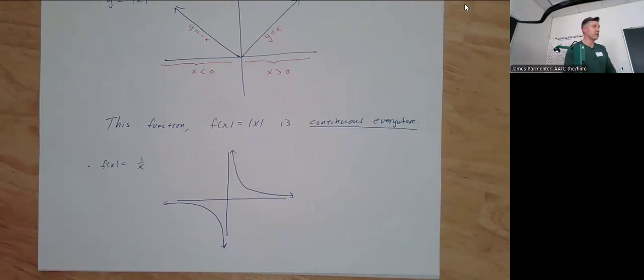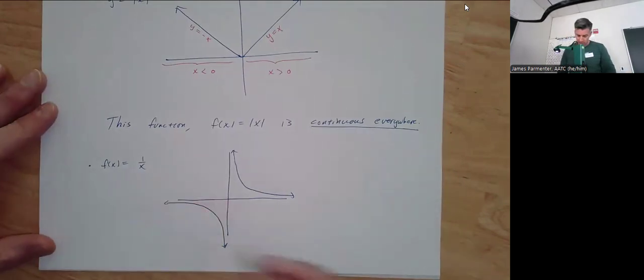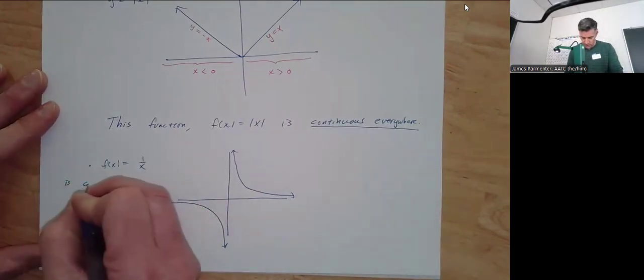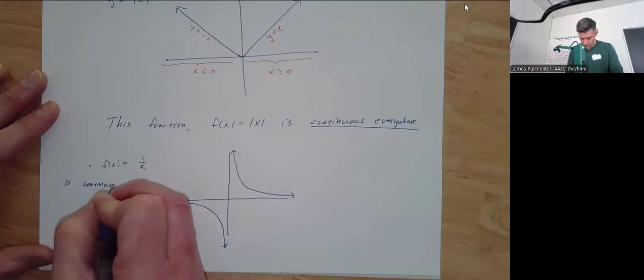What I really mean is there's at least one point of discontinuity. Some people say this function is continuous. I don't love that language. This function is continuous on its domain, but it's not defined everywhere. It's not defined at 0. So f of x equal to 1 over x is continuous on its domain.